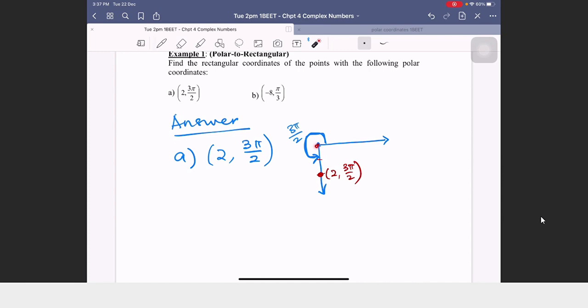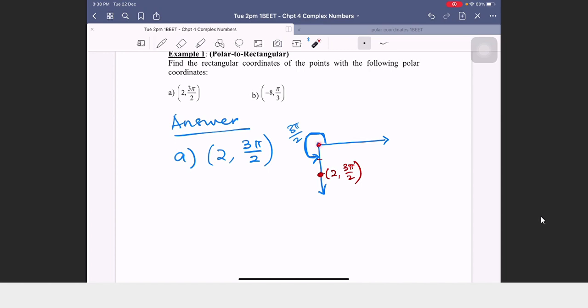Remember, this is a pole, so the pole is the same as your origin. This polar axis is the same as your positive x-axis. What do you think this point is in terms of rectangular coordinate? What is the coordinate, rectangular coordinate, at this location?